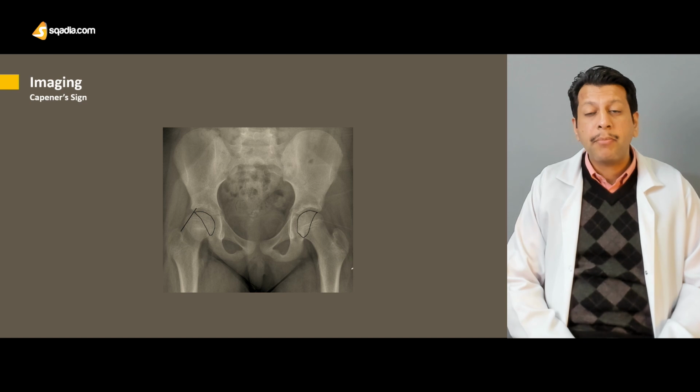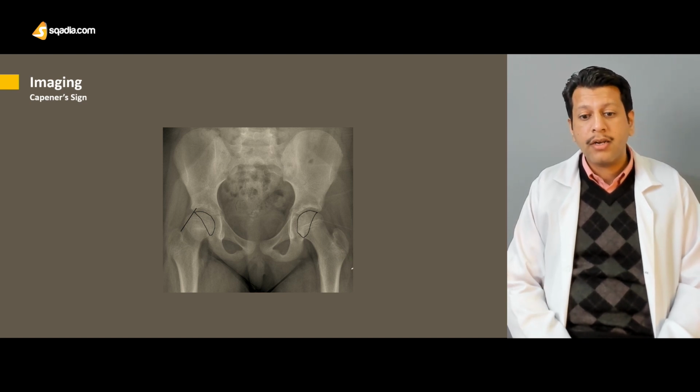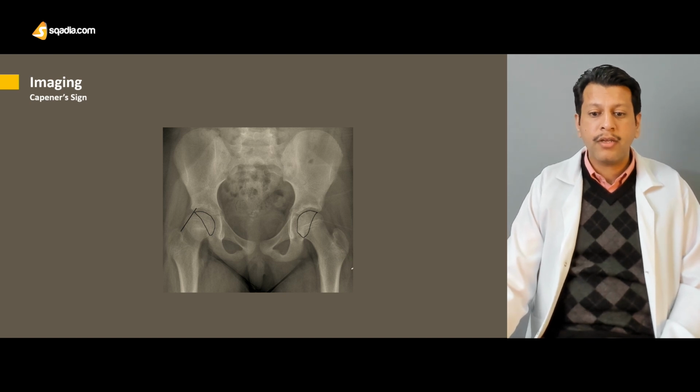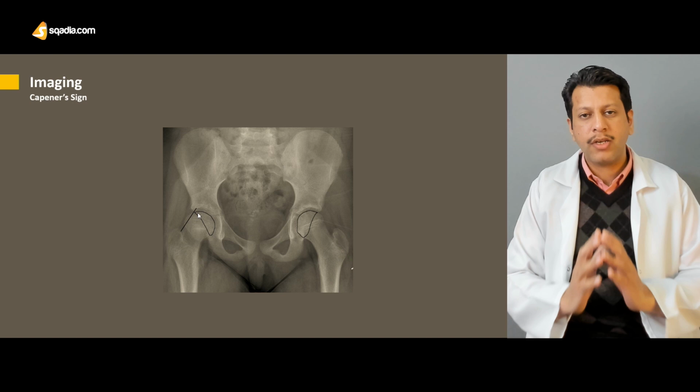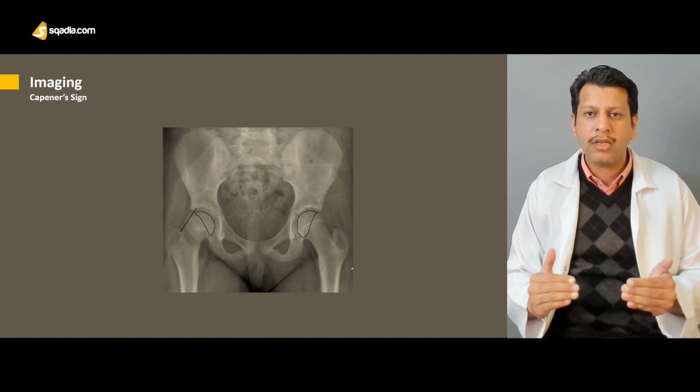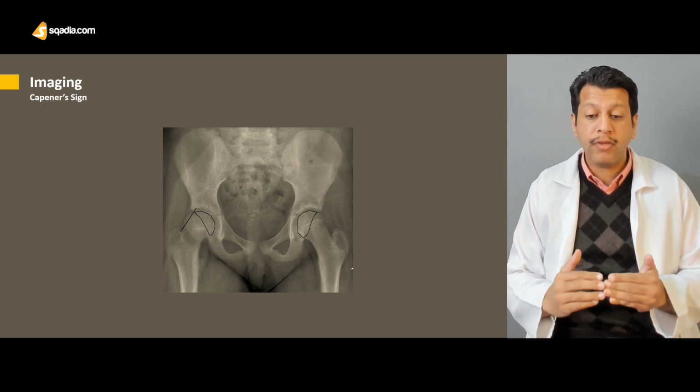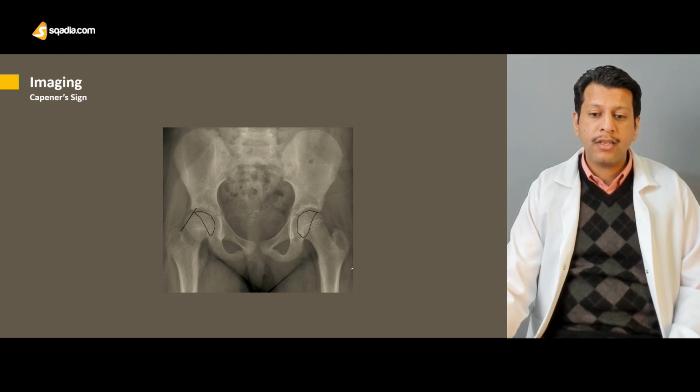Now coming to the Capener's line. Capener's sign is actually calculated like this. You can appreciate that normally, all these three are calculated on the X-ray pelvis AP view. This line over here is called the posterior edge of the acetabulum.